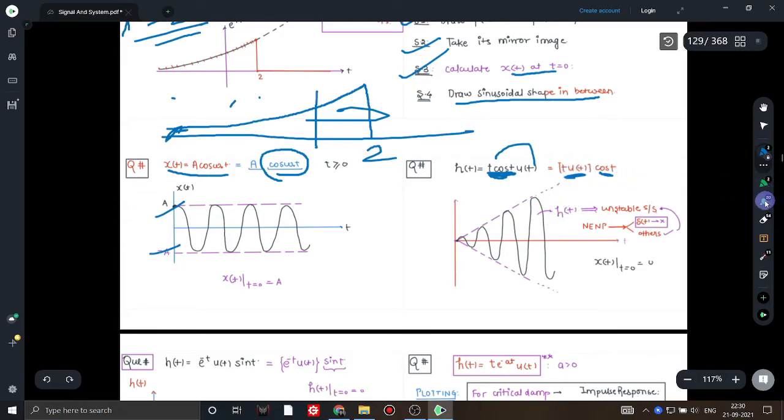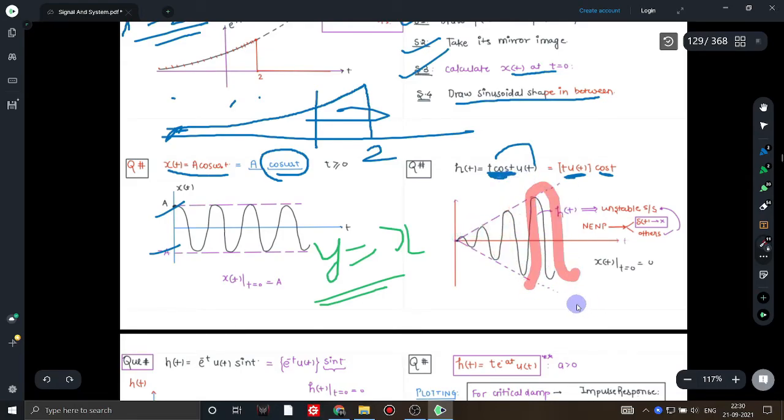To make the graph of t u(t), it should look like this, the same graph as y equal to x. Then we take a mirror image of it here, and then in between we draw the sinusoidal cosine.